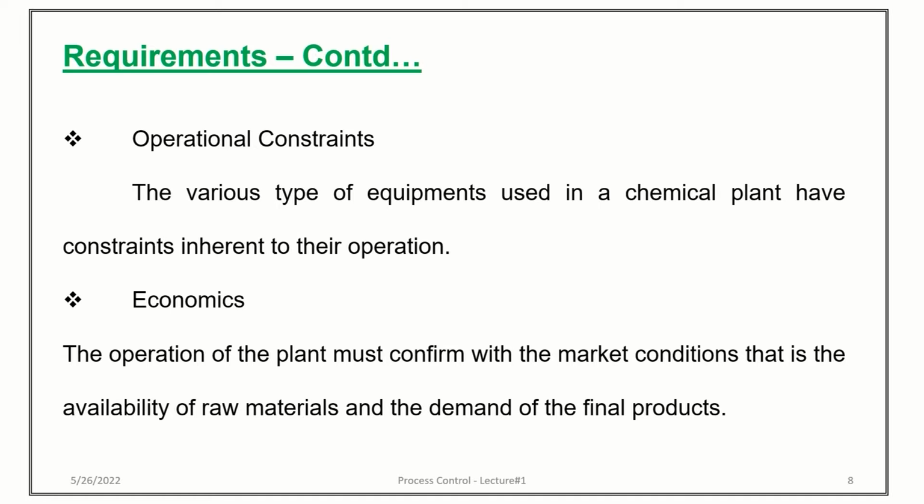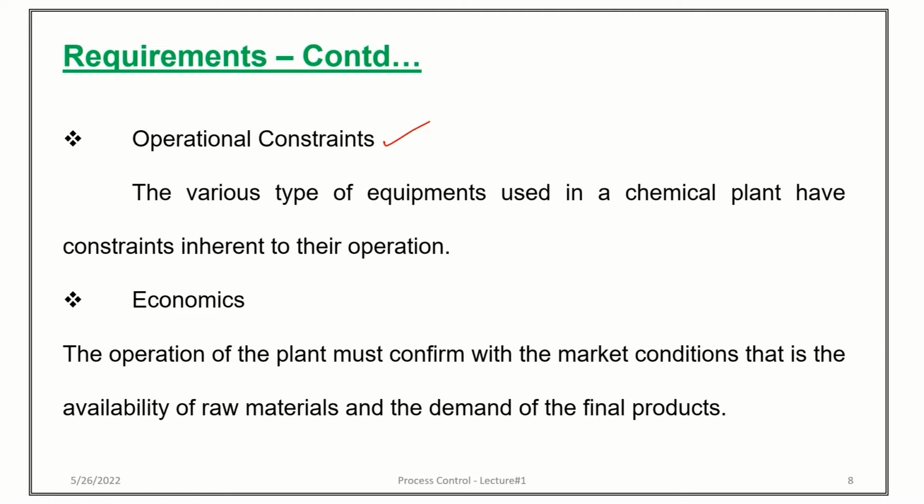Then coming to the next specification, which is called as the operational constraint. The various type of equipments used in a chemical plant have constraints inherent to their operation. These constraints should be satisfied throughout the operation of the chemical plant. That is, for example, a pump should have at least some positive suction head.